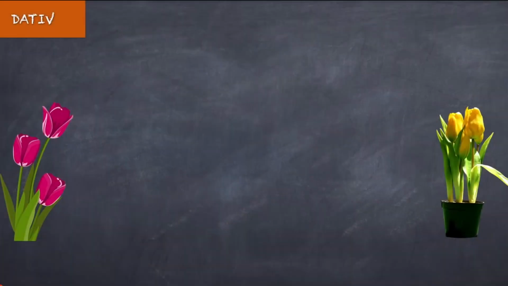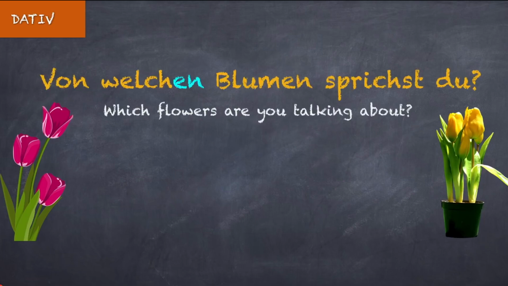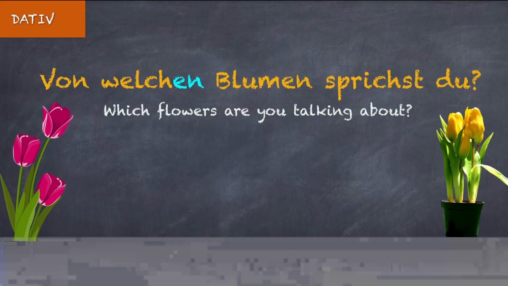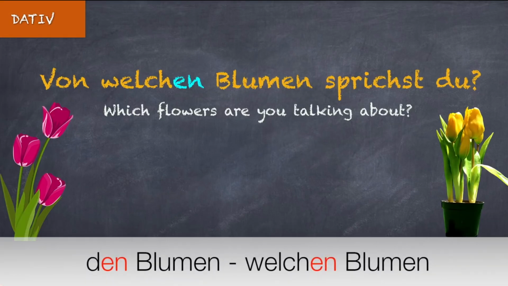Moving on to the dative case. The dative article for plural is completely different. It also takes an extra ending n with the noun. Let's look at the question. Von welchen Blumen sprichst du? Die Blumen changes to den Blumen in dative. Welchen takes the ending en from the dative article.